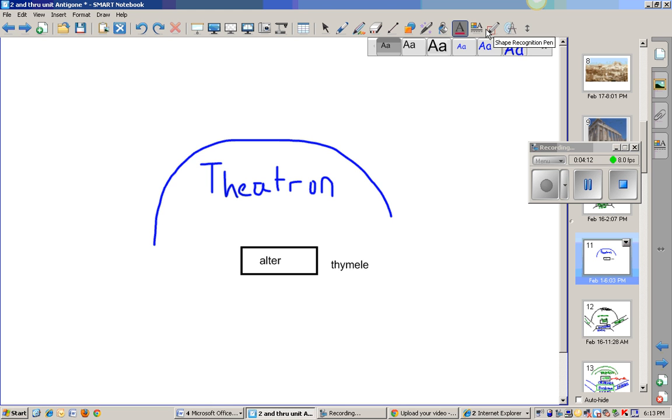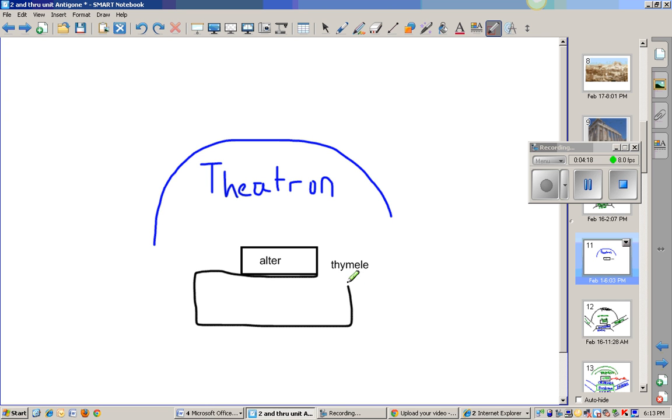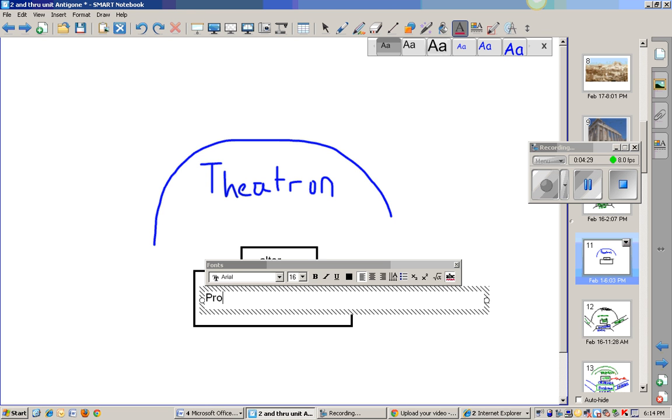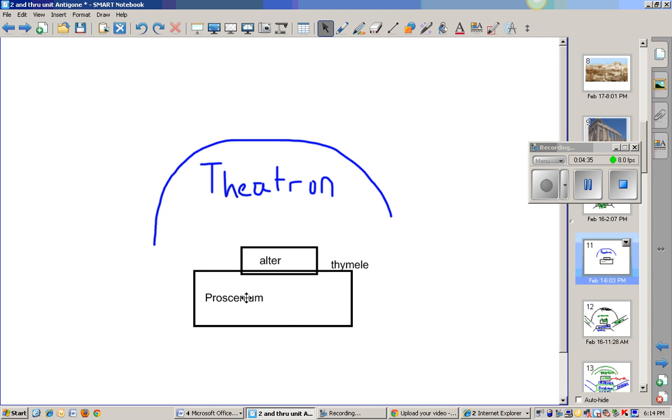After the altar, behind it, right here, what you have is the proskenion, which is basically the stage, which is a raised platform. Let me spell that for you. Proskenium.